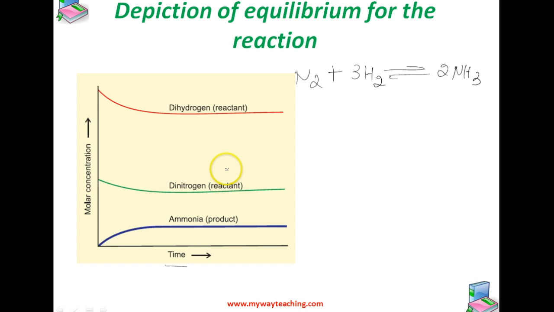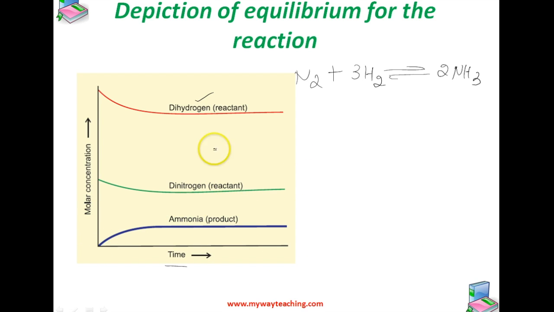The dynamic nature of chemical equilibrium can be demonstrated in this synthesis of ammonia by the Haber process. In a series of experiments, Haber started with known amounts of dinitrogen and dihydrogen maintained at high temperature and pressure, and at regular intervals determined the amount of ammonia present.